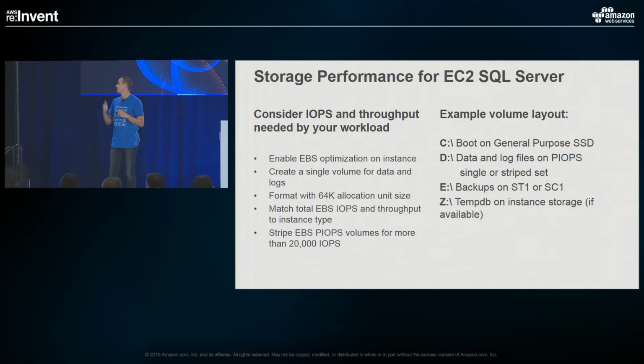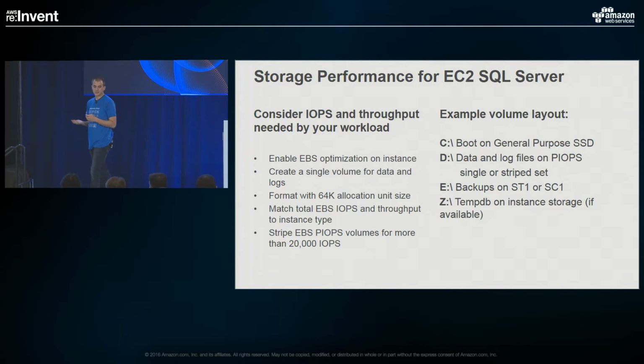So matching the allocation unit size on the storage subsystem to that makes a lot of sense. And then you can also consider striping multiple EBS volumes, even provisioned IOPS volumes, to maximize the throughput that you need on that actual instance beyond just the maximum volume performance levels.